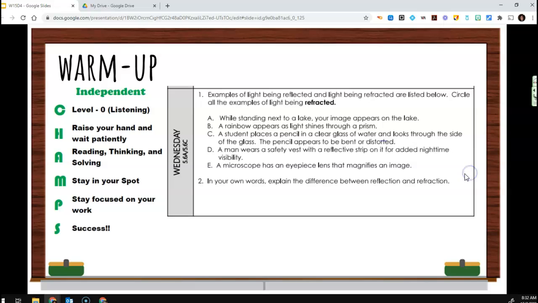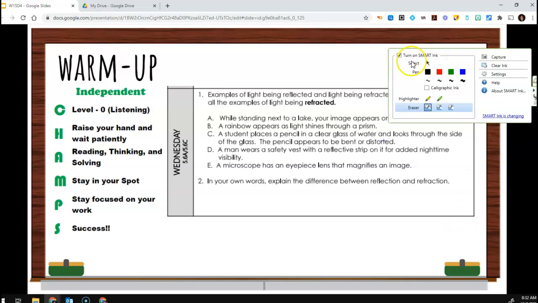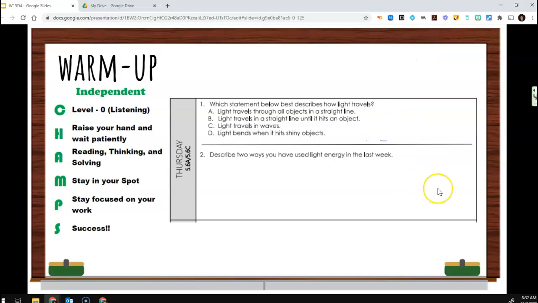All right, so Thursday says, which statement below best describes how light travels? A, light travels through an object in a straight line. B, light travels in a straight line until it hits an object. C, light travels in waves.